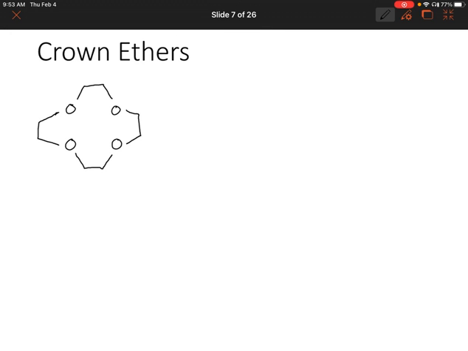And each of these types of crown ethers can hold a metal inside of them. So the first one here that I drew is called 12 crown 4. And this one can hold, excuse me, a lithium ion. So the oxygens are all electronegative, and they're all attracted to this positively charged metal. So they kind of hold the metal inside.